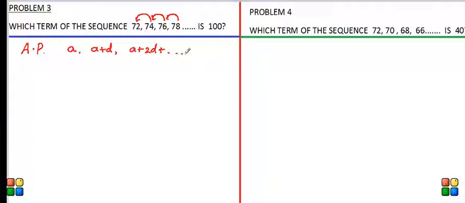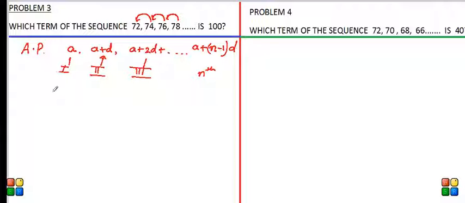The first term is a, the second term is a plus 1d, and the third term is a plus 2d; third means 2, second means 1, and so on. So the nth term should be 1 less than this, so it should be a plus (n minus 1) into d.